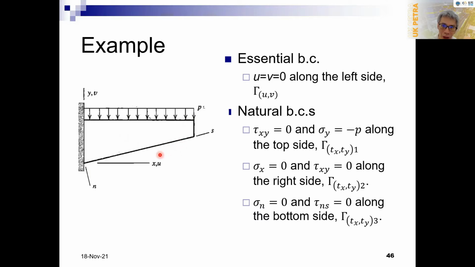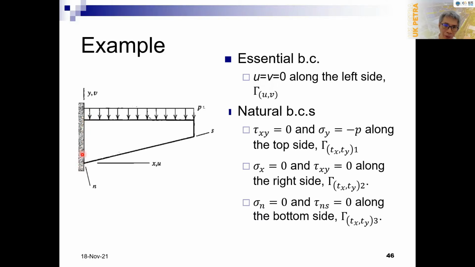So this is fixed along the left side or the left edge. Okay, we call that displacement boundary conditions because along this side we specify that the displacement in x direction u and in y direction v is equal to 0 because we fix. So it means at every point here there is no displacement at all.